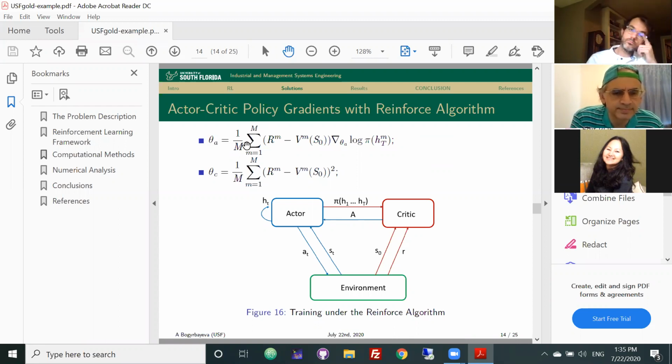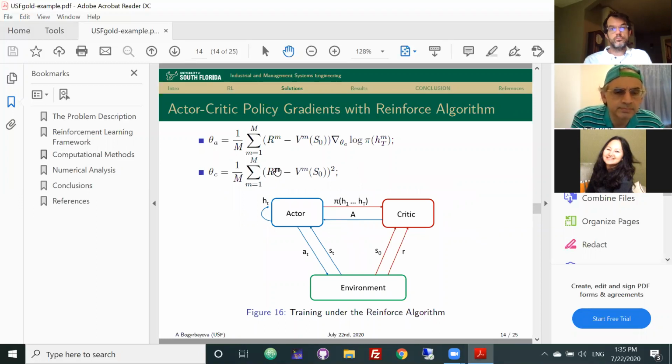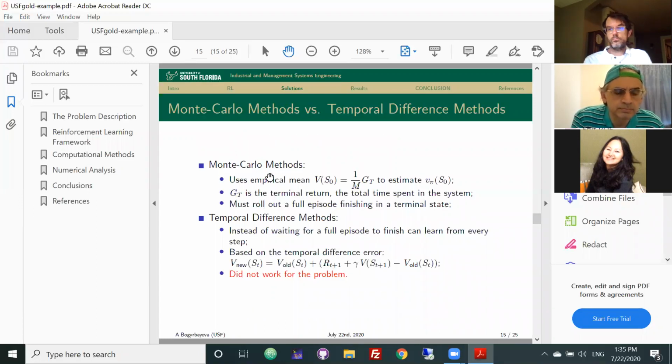These equations come either from the Monte Carlo methods, which look at the total reward, given here in our equation, or they depend on this equation, which is basically the temporal difference error. These are well-established, well-known, and well-studied methods, and usually they determine how we take that gradient.